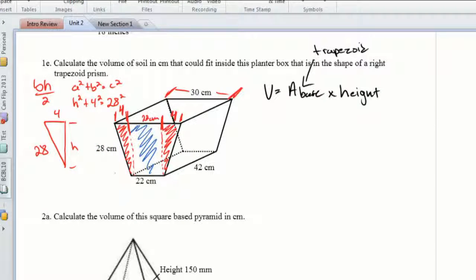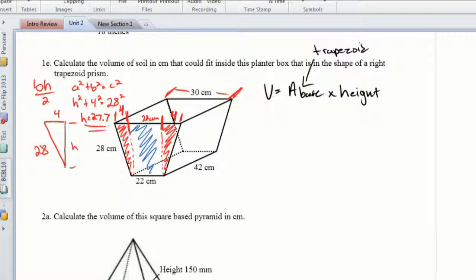To save a little bit of time, I'm just going to plug this into my calculator: 28 squared minus 16, and the square root. So the height is going to be 27.7.